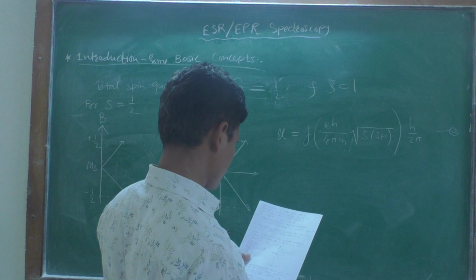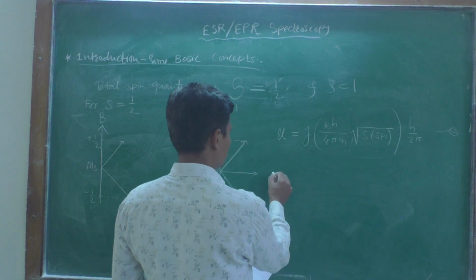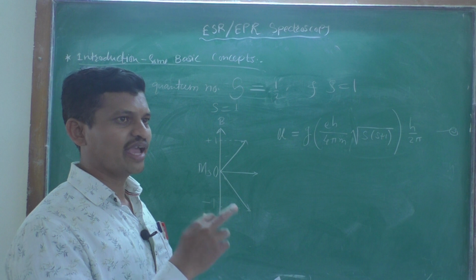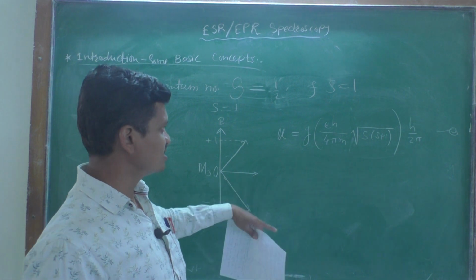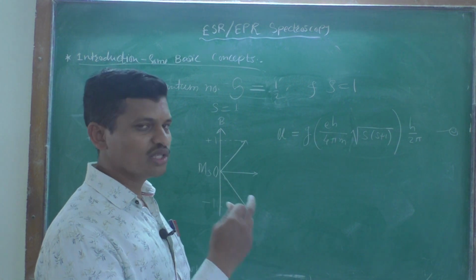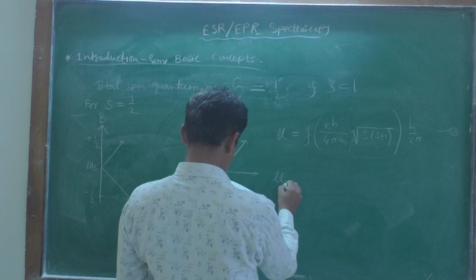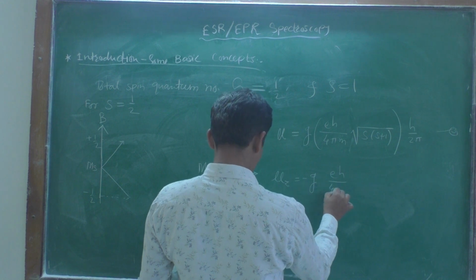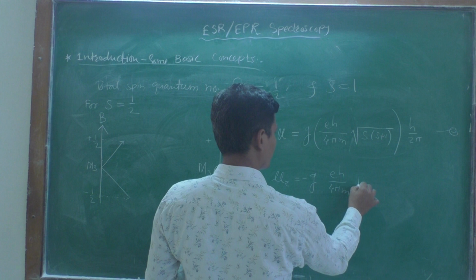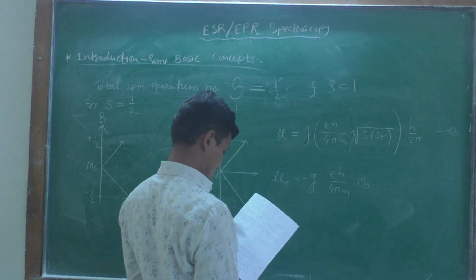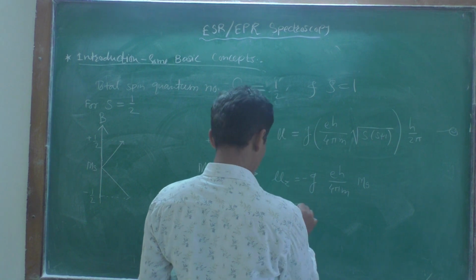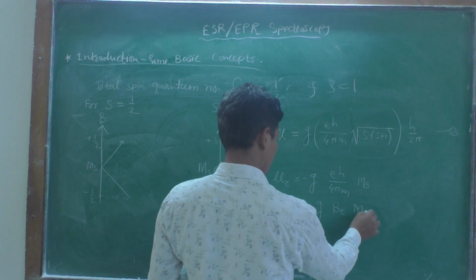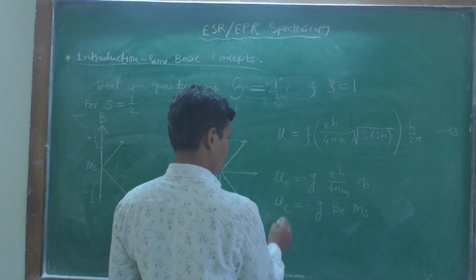Its z component, means its magnitude along the z direction, x, y, z, the 3 coordinate axes are there, and hence the magnitude of this along the z direction will be given as mu z is equal to minus g into eh upon 4 pi m into ms, and it is equal to minus g Be into ms. Okay, so this is mu z.